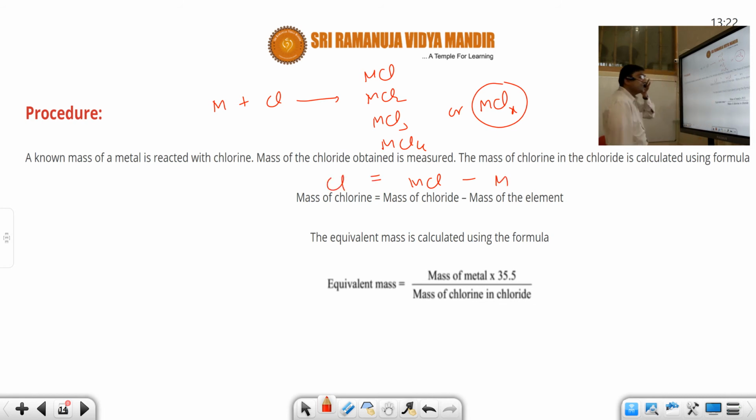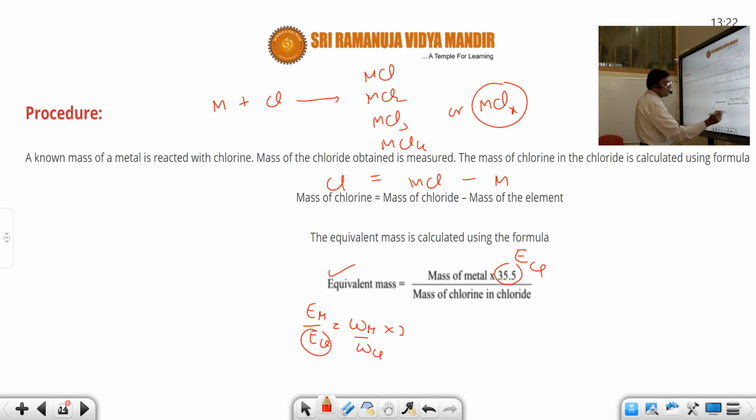I hope you understood, students. So this is how number of equivalents, already I conveyed to you. Equivalent mass is equal to mass of the metal by mass of the chlorine into 35.5, which is the equivalent weight of chlorine, because equivalent mass by ECl is equal to weight of metal by weight of chlorine. So chlorine goes here, that is 35.5. I hope you understood. This is equivalent weight of chlorine.